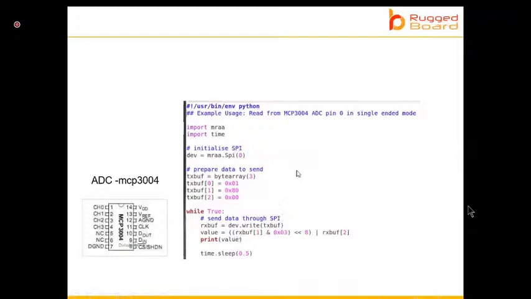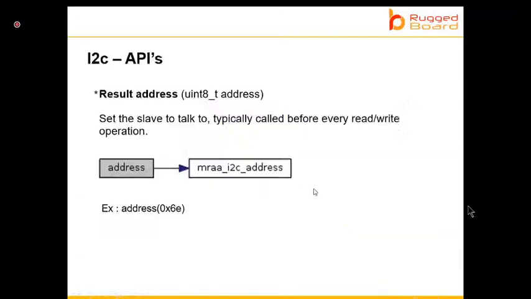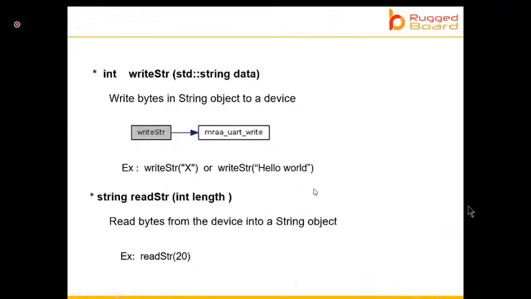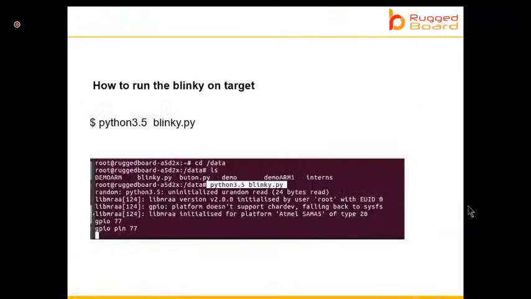When it is transmitting, you know that there is a loopback function in the SPI. It will return whatever the transmitted buffer was, and you can cross check. So this is a small Python program for the ADC. All these things you can connect over the microbus connector. So we can have hands-on workshops over this.